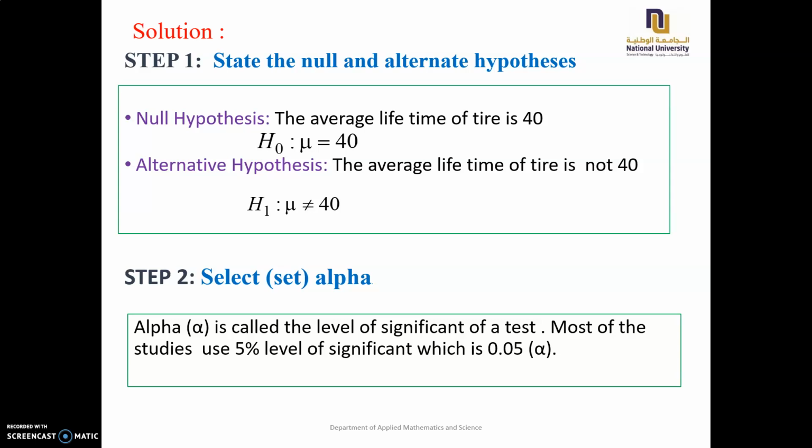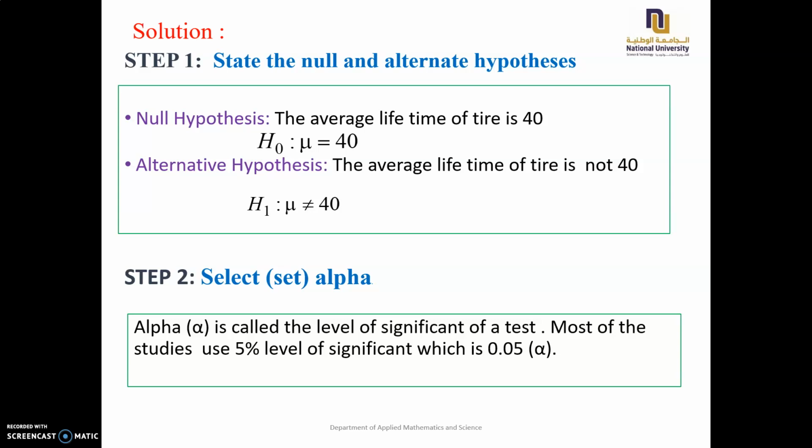So this is a question regarding hypothesis testing. The first step, as I told you before, is that you need to mention what your null hypothesis is and what your alternative hypothesis is. Your null hypothesis claims that the average lifetime of a tire is 40, so mu is equal to 40.